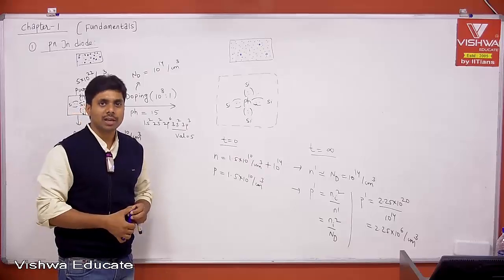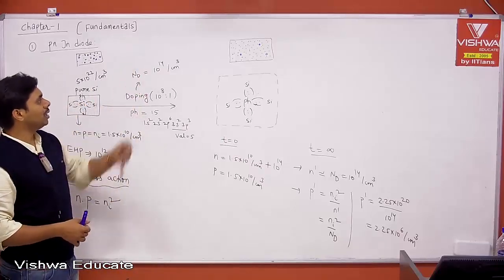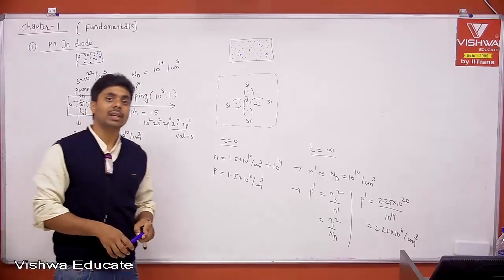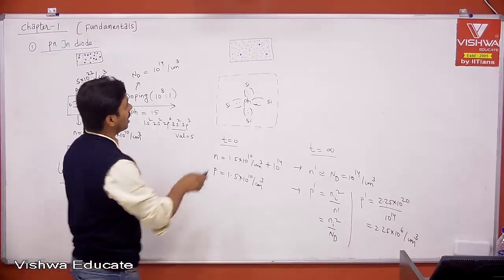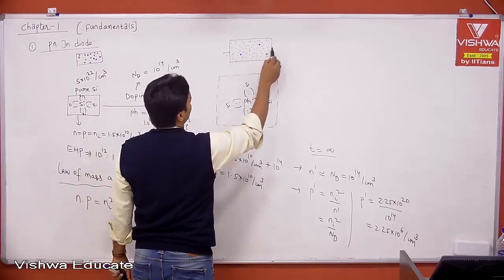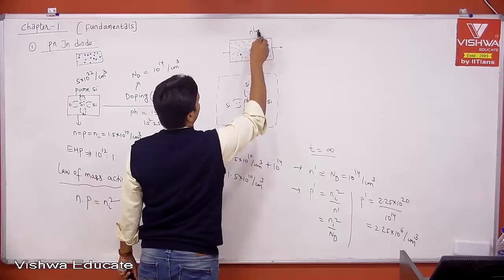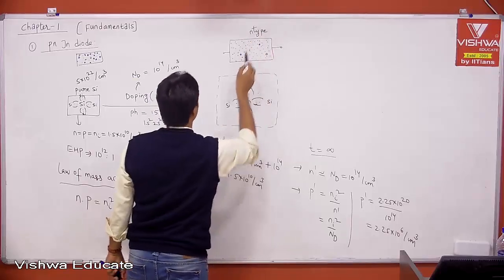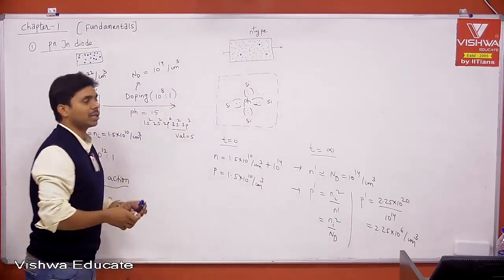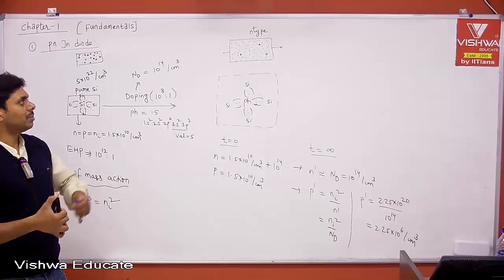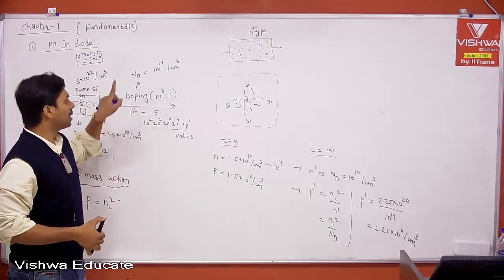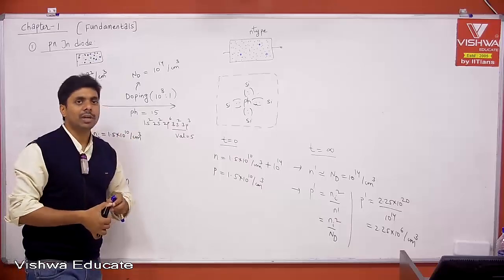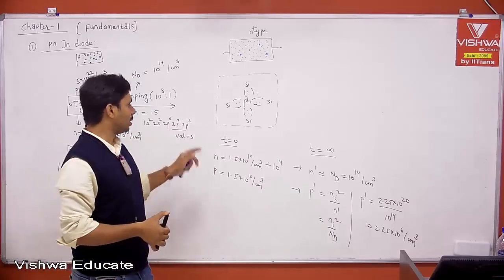Here what I want to say, we are dealing with 10 to the power of 14, 10 to the power of 16, 10 to the power of 18. Therefore, now I can say this is nothing but your N-type semiconductor, with the doping of 10 to the power of 14 per centimeter cube. Similarly, P-type semiconductor with 10 to the power of 14 acceptor impurities, I can say aluminum, which has valency 3.